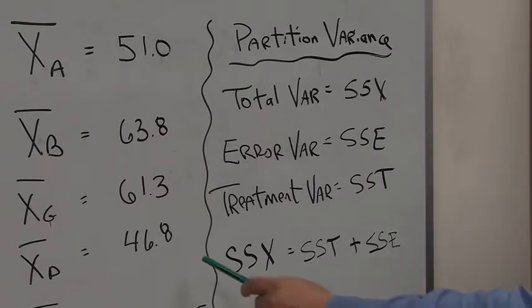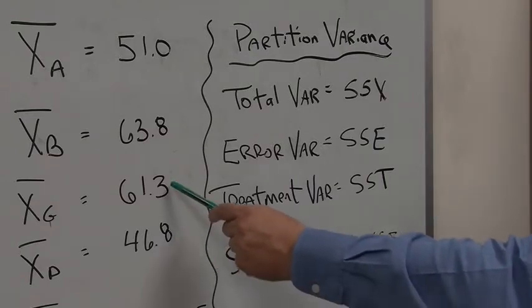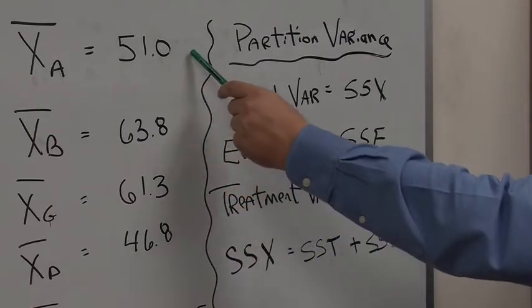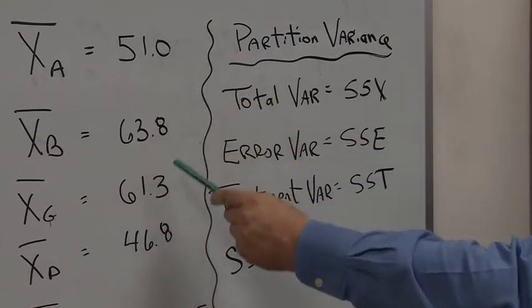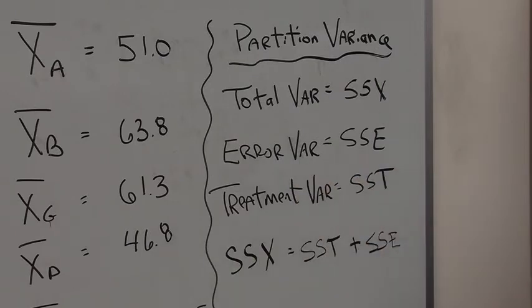To the degree that the average tire life across all 4 brands is equal to one another, you'll actually get a large value for sum of squared error and a small value for sum of squared treatment.